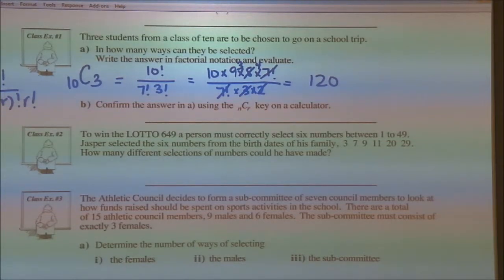Okay? Lotto 649 is an example of a combination, because when you participate in Lotto 649 and you're given your ticket, tickets are always printed in numerical order. They do actually record all of the Lotto Max and the Lotto 649 draws. I'm not sure where you can watch them.